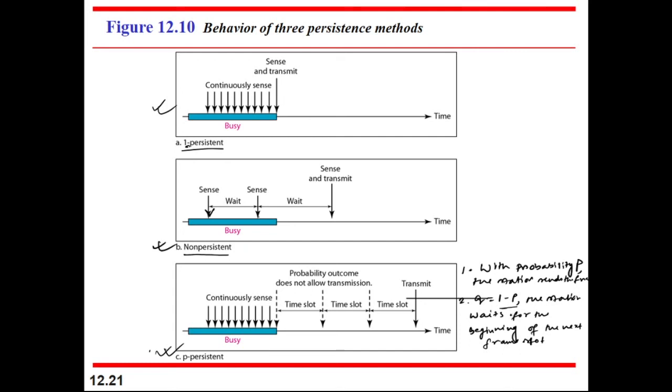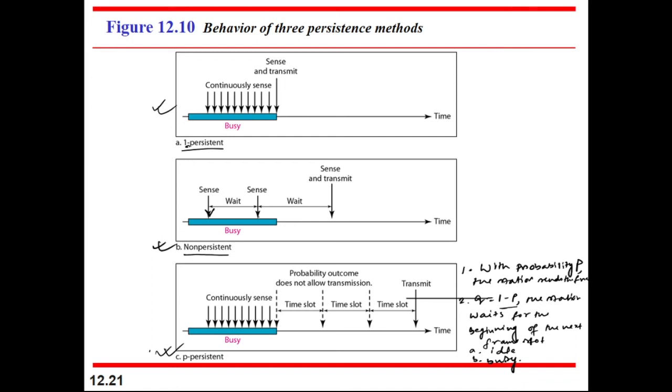Okay, and if the channel is idle, two cases can arise. If the channel is idle, then again it can send the data with probability p, and number 2, if the channel is busy, then it has to wait to avoid the collision.